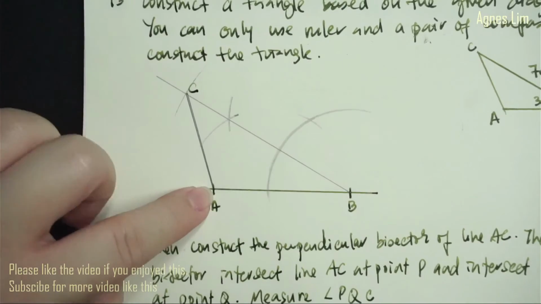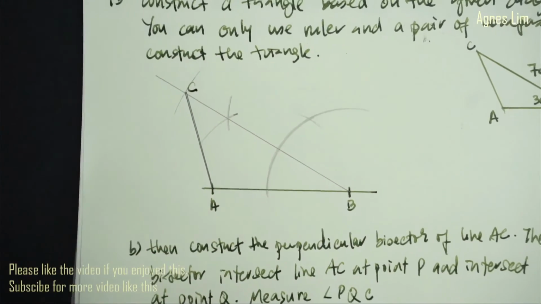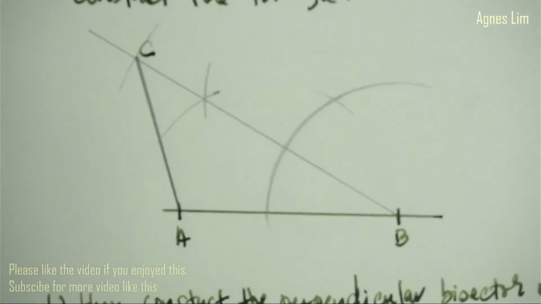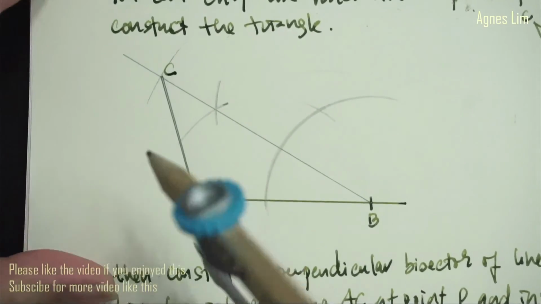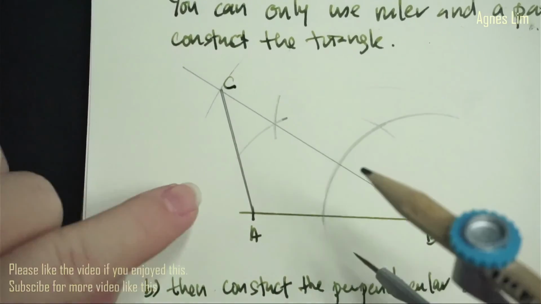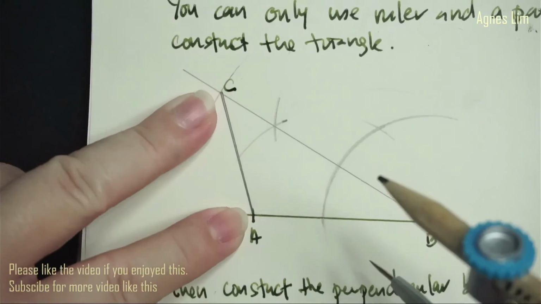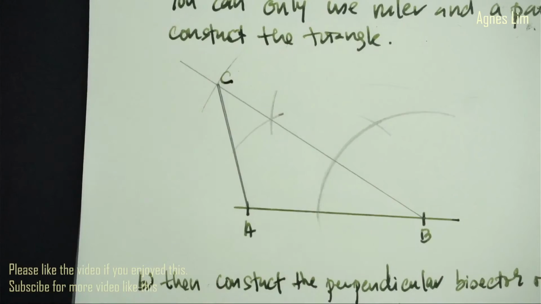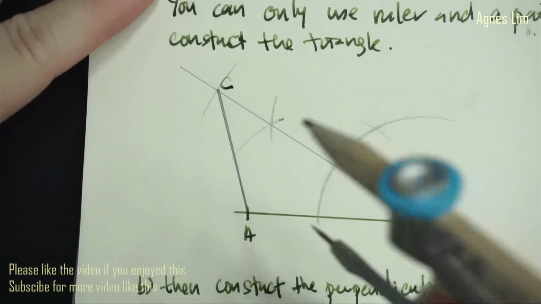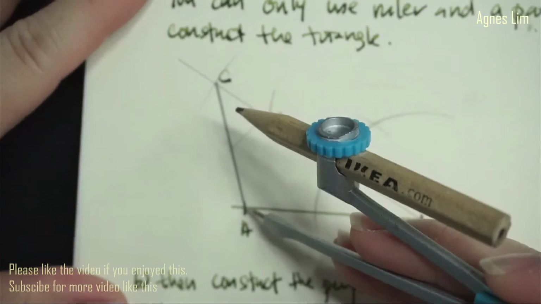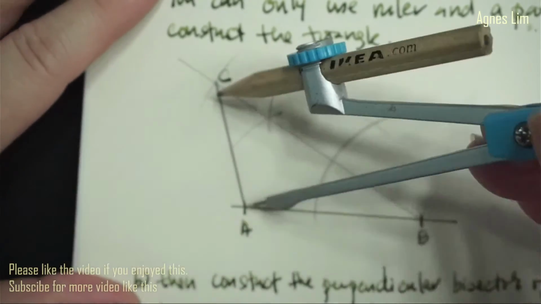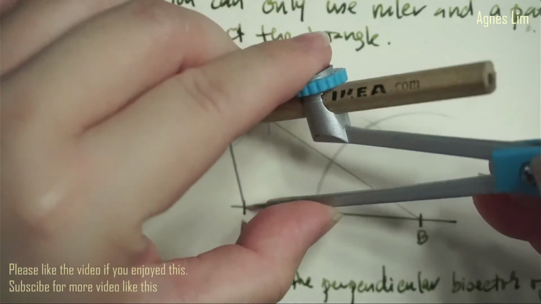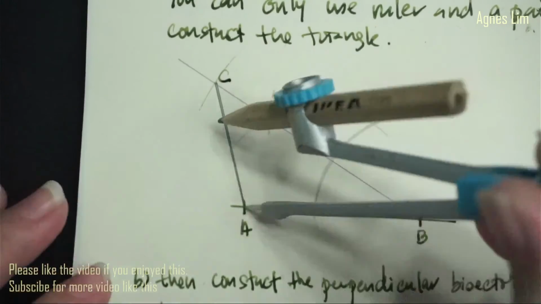Right, so we're going to use 2 points. Now this time I need to zoom in. We're going to use point A and point C as our points to create a line perpendicular to the line AC. Right, so make sure that you have an opening. There's no need for you to open it very big.